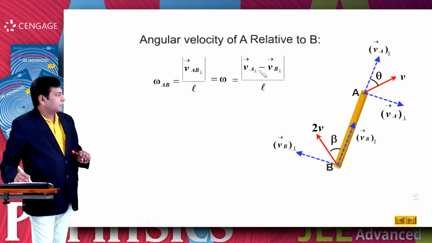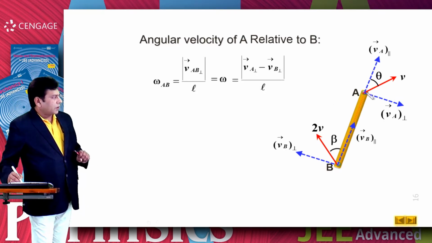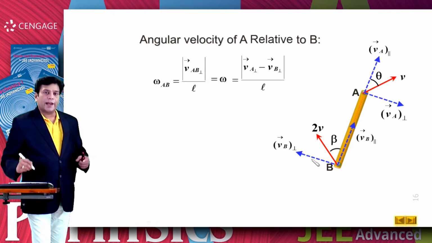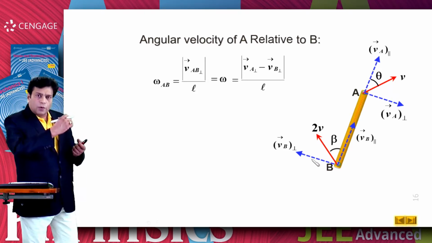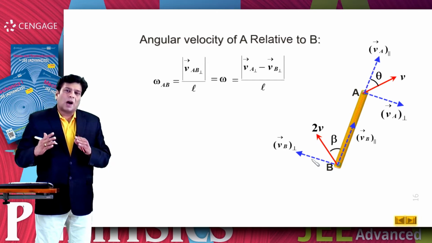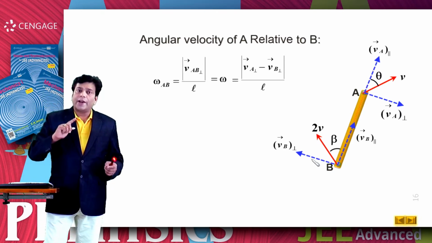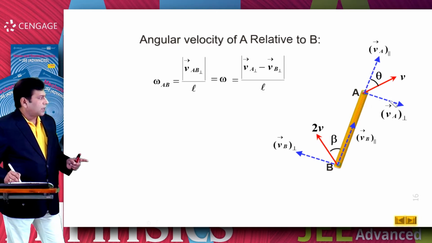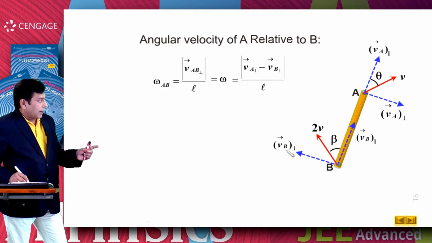And here we can observe these components are in opposite direction. If we take one direction as positive, opposite to that direction we need to take negative. So we need to add these components, or let us write in a systematic way. We can write here VA perpendicular minus, with negative sign, VB perpendicular.